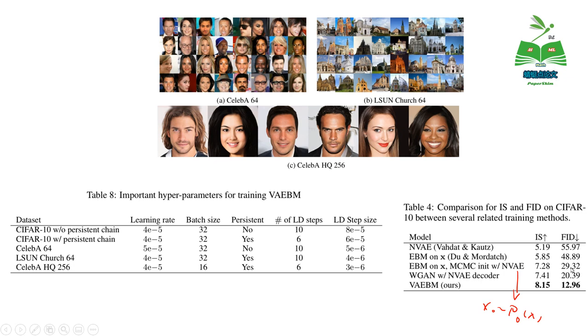We can see it has a big improvement, already improving a lot to 20.29. Finally, they sample from the hidden space Z. Then the FID becomes even better. So, thank you.